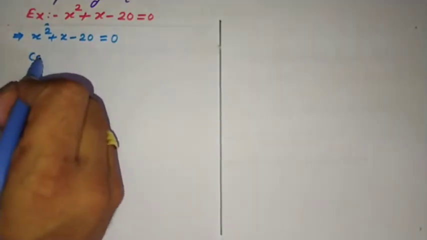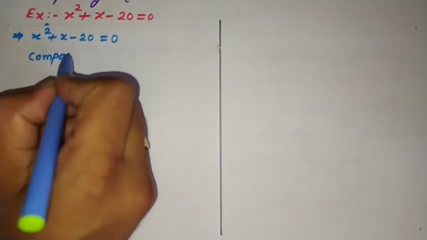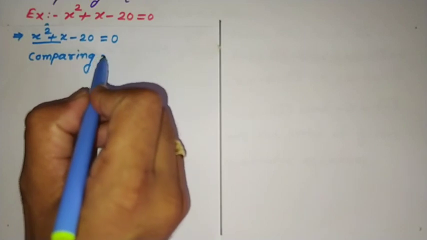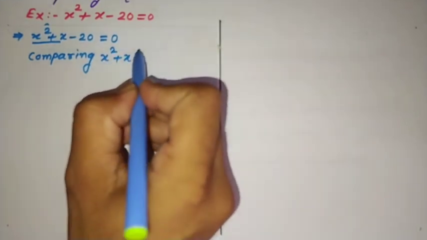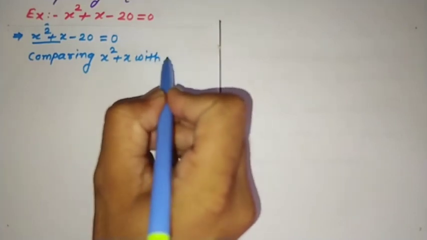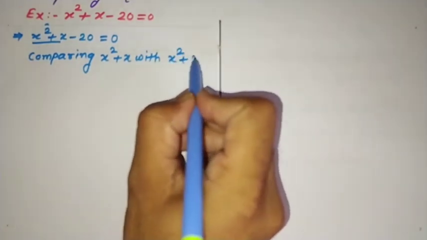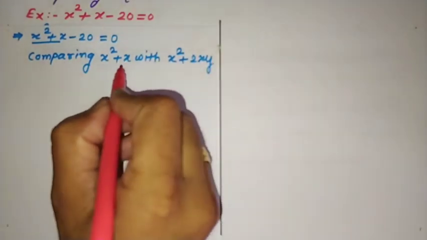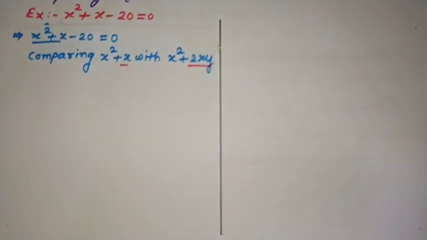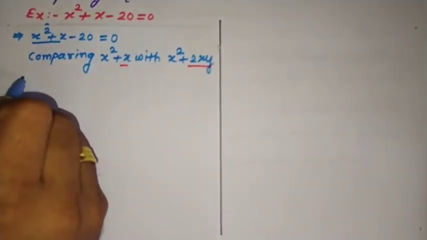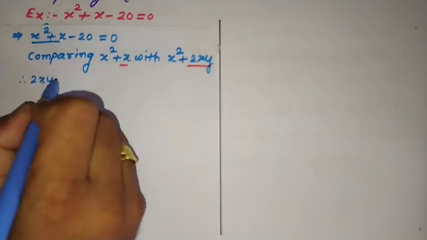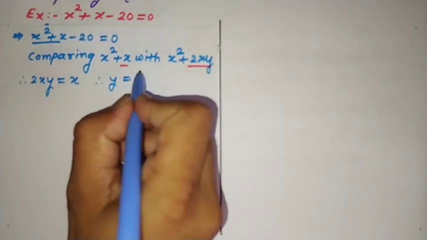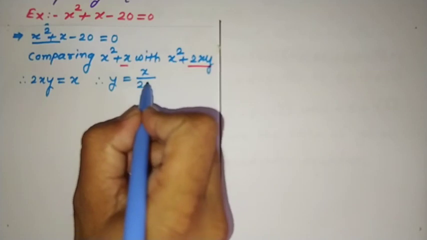Compare the first two terms of the left side, x square plus x, with x square plus 2xy. X compared with 2xy, therefore 2xy is equal to x, therefore y is equal to x upon 2x.